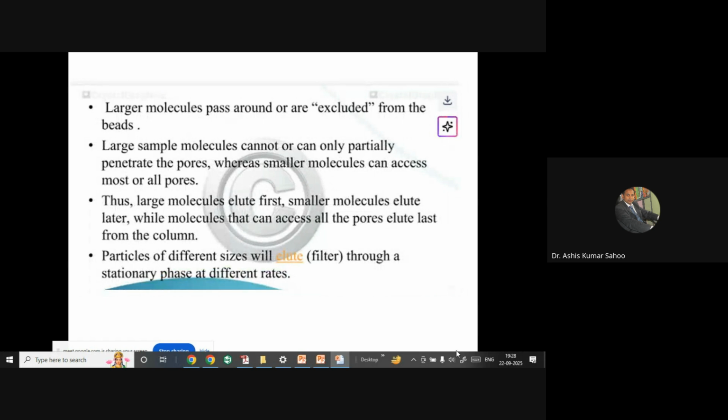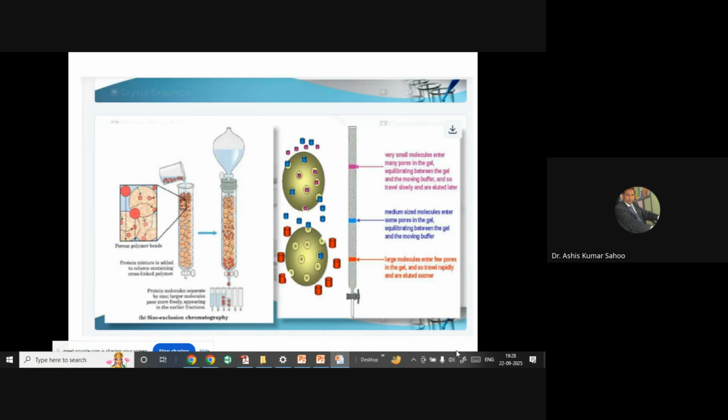The larger molecules pass around and are excluded from the beads. Larger sample molecules cannot or can only partially penetrate the pores. So you can see, this is the total demonstration of size exclusion chromatography. Different size pores separate molecules at different times.